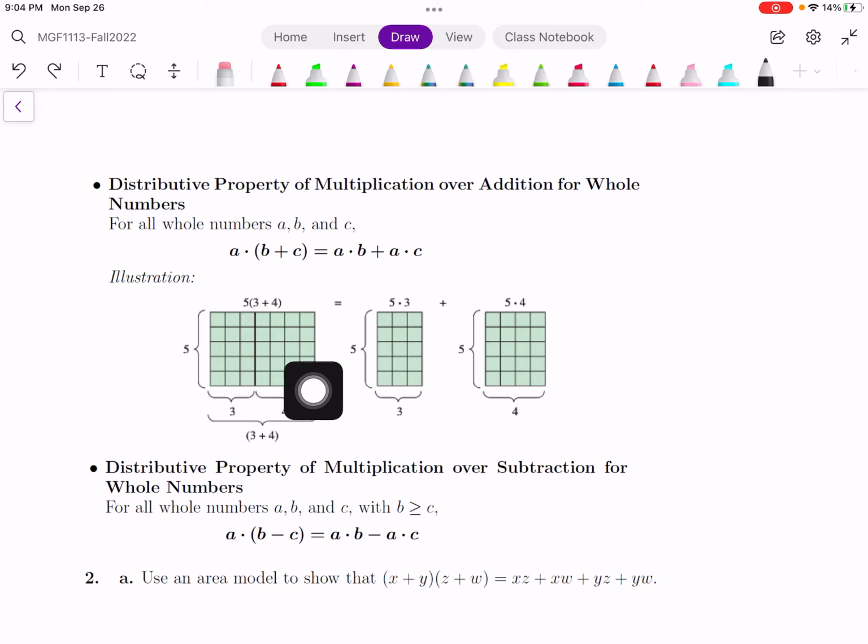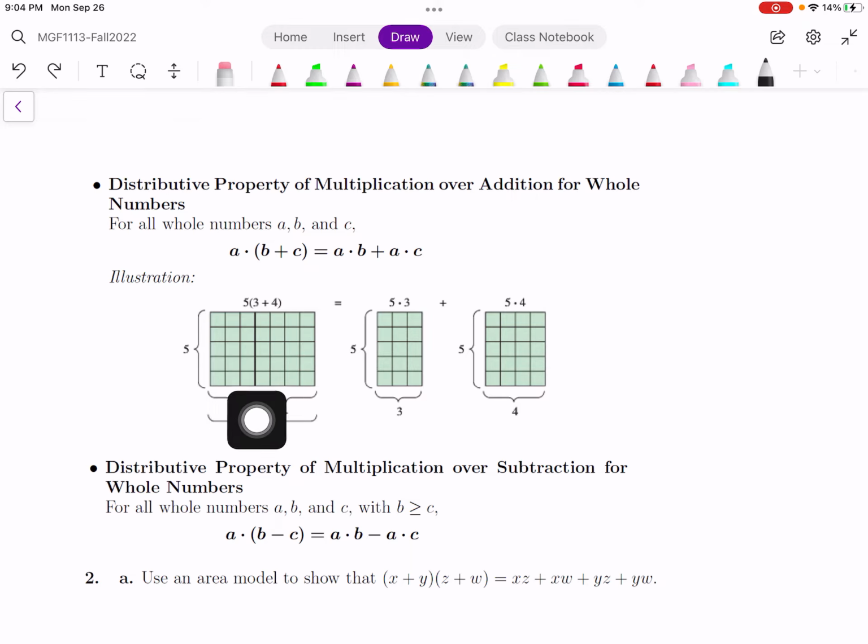Notice the illustration, how we would represent a times (b plus c). So for example, in this case, we would do 5 times (3 plus 4). So 5 is the height of the rectangle, and 3 plus 4 is the width.